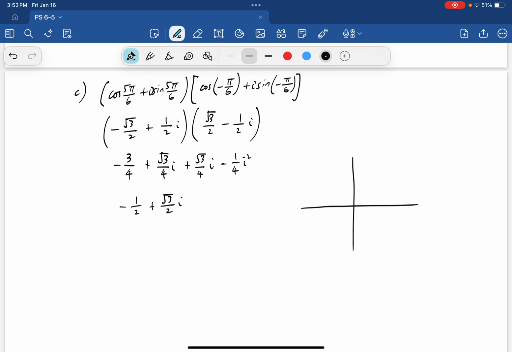And we just saw this earlier, didn't we? This is just going to be cosine 2 pi over 3 plus I sine 2 pi over 3.